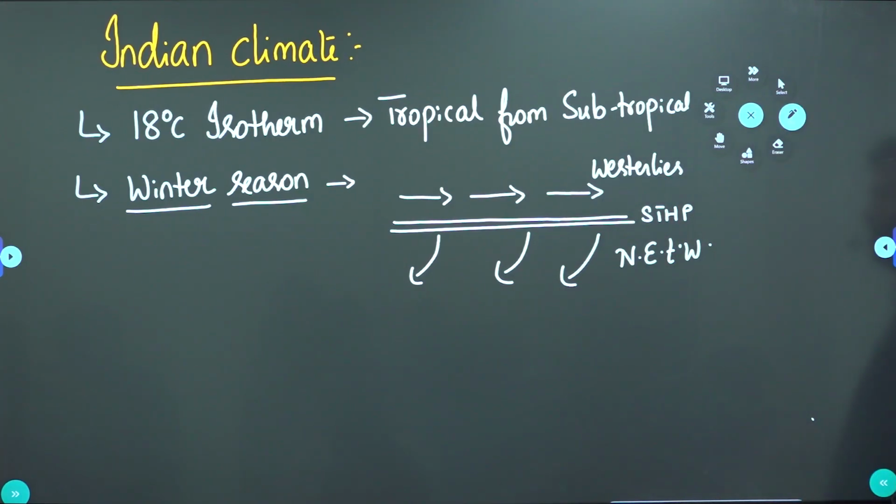Fine. Winter season, India is divided into two wind systems. North India will have westerlies, South India will have northeast trade winds.